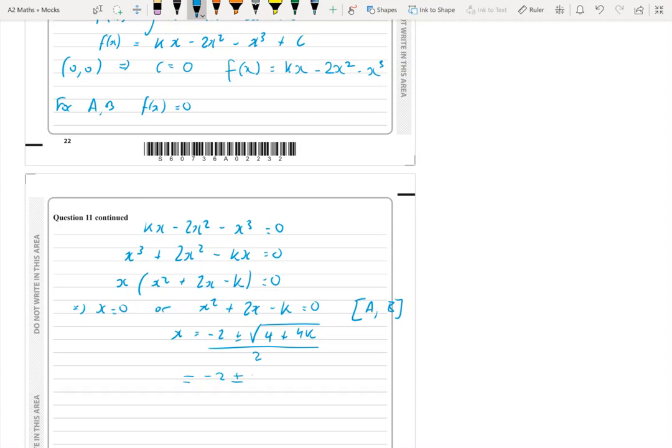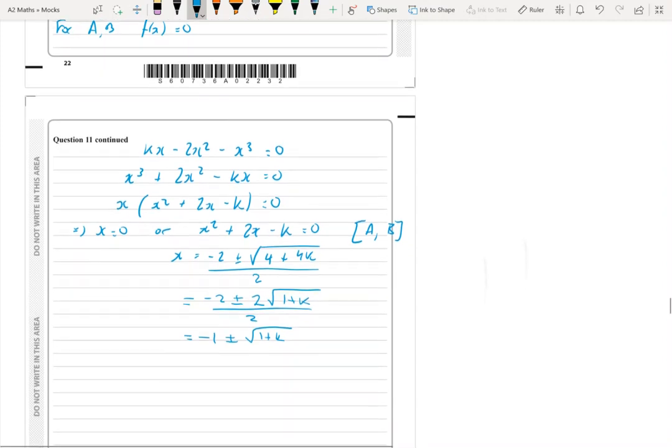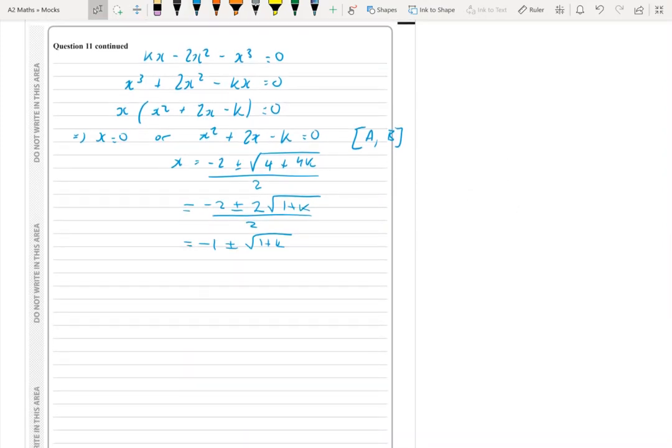Root 4 is 2 when that comes outside, and you're left with 1 plus k inside, all divided by 2. So this is minus 1 plus or minus root 1 plus k. Not the nicest expression, so let's split them up. We've got minus 1 plus root 1 plus k, and we've got minus 1 minus root 1 plus k.